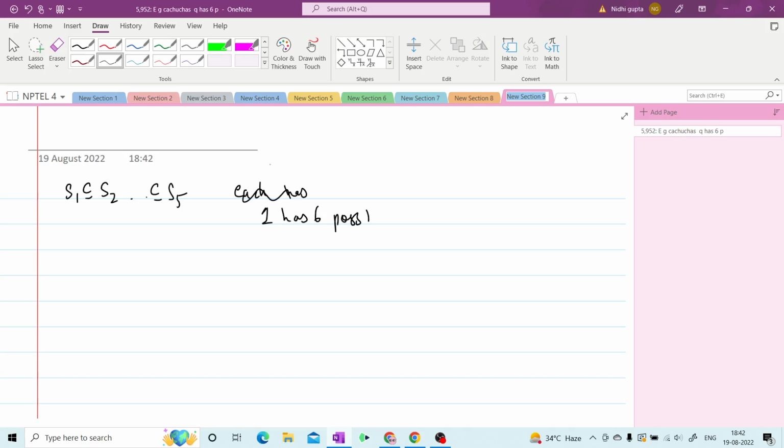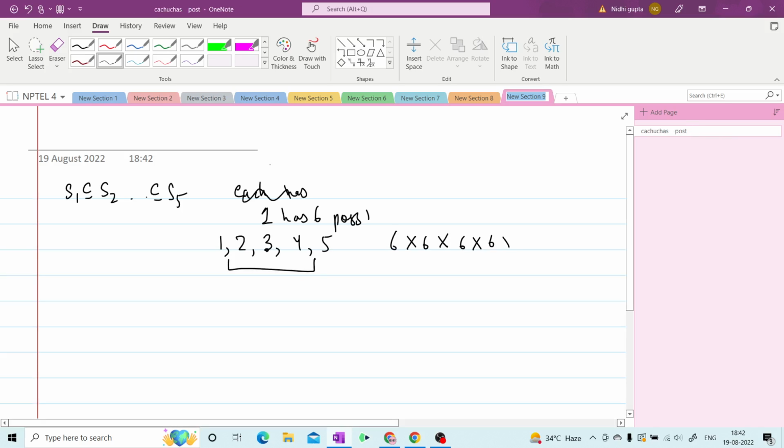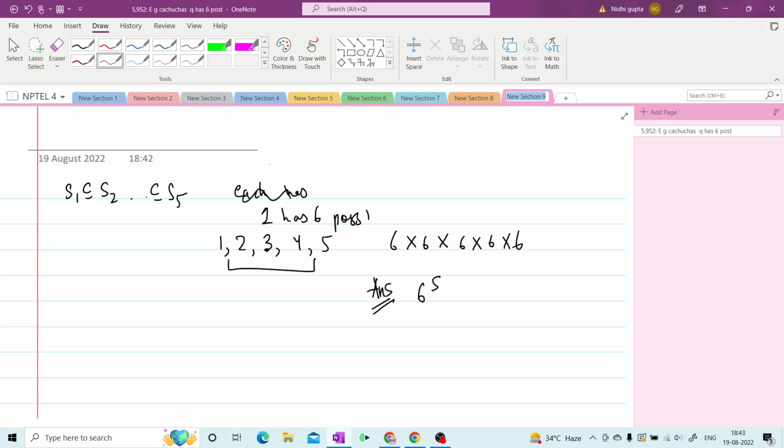And similarly for all these elements 1, 2, 3, 4, 5, all these will have 6 possibilities each, 6 times 6 times 6 and so on. So we see the answer will be 6 raised to the power 5. Is this fine? Yes, ma'am. Okay.